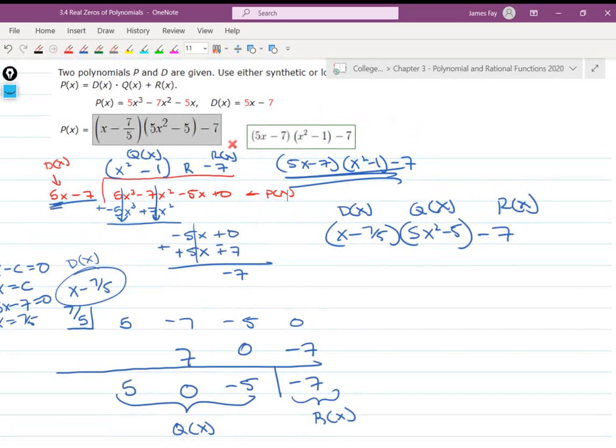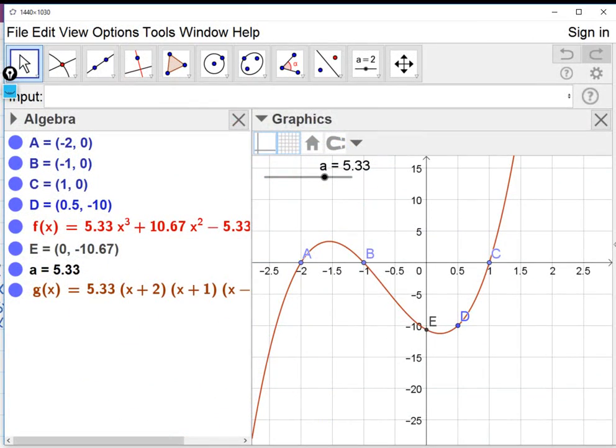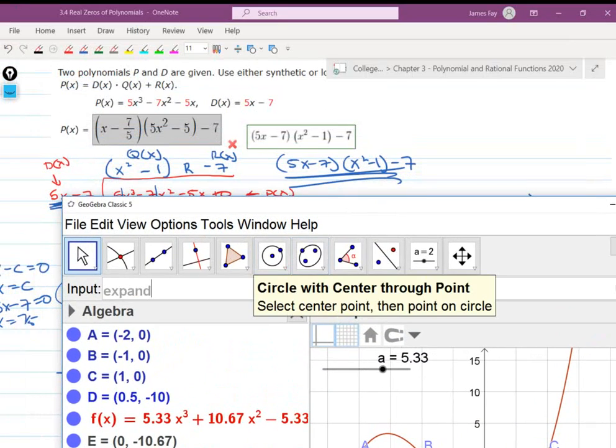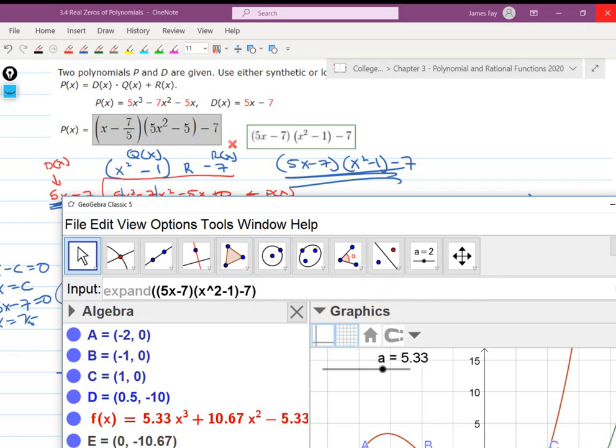Or looks different. Now, just real quick, and we'll cheat doing this. If I take and I say expand 5x minus 7 times x squared minus 1 minus 7, I ask you to expand that.